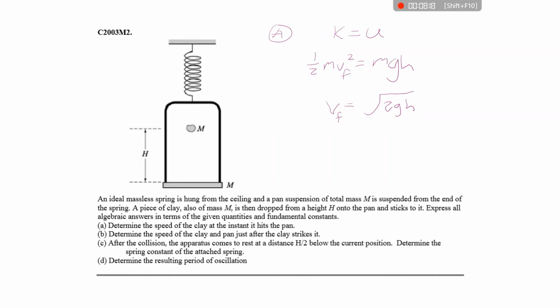And then I need the speed of the clay and the pan just after the clay strikes it. Speed. So this one is conservation of momentum. How much momentum did we have before the clay hits the pan? That's just m v initial. I already labeled that as vf last time, so I'm going to keep labeling that vf, and then I'll label a vf2 afterwards.